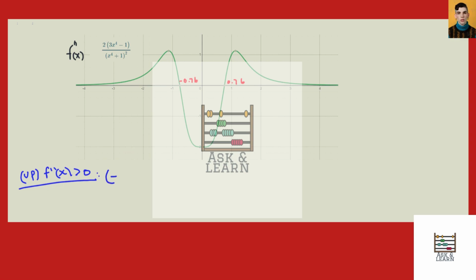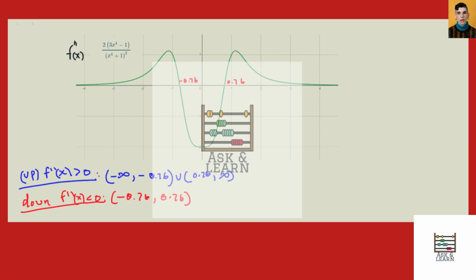So starting all the way at -infinity, it'll be concave up until we hit our first intercept, so -0.76. And then when we hit 0.76 to infinity. And it'll be concave down on the rest of our interval. So concave down is when f double prime of x is strictly less than 0. And this is going to be from -0.76 to 0.76.